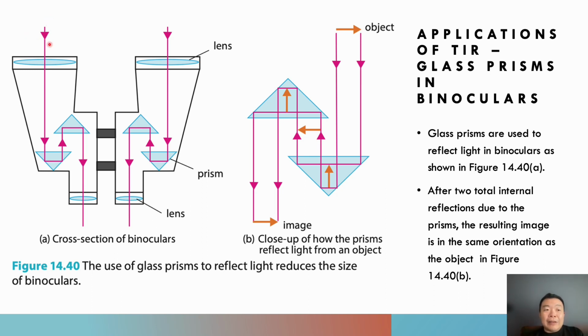When we construct the binoculars, we ensure that the angle of incidence at the 4 points that I mentioned just now is more than the critical angle of that glass. And when that happens, we can ensure that there is total internal reflection, and that is how we can reflect the light into our eye.